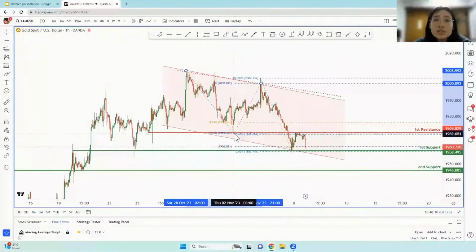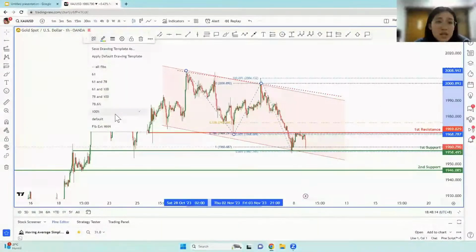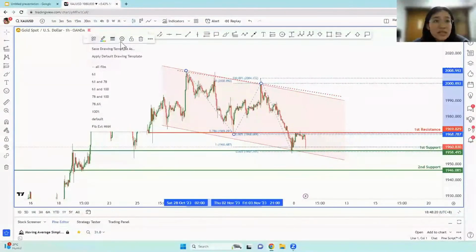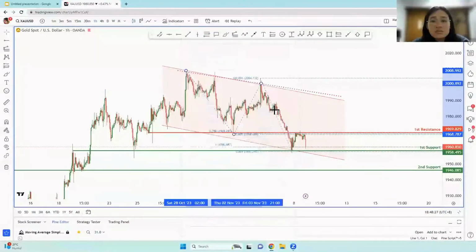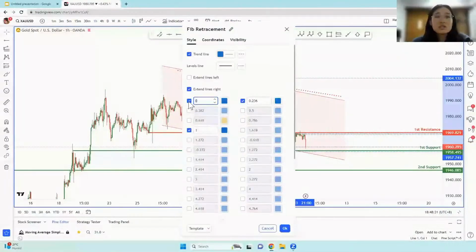I think my 100% also kind of lines up with my first support, because these don't necessarily have to line up exactly, because they're more so areas than levels. And I like to get rid of the 0 and 100 if it's not necessary.